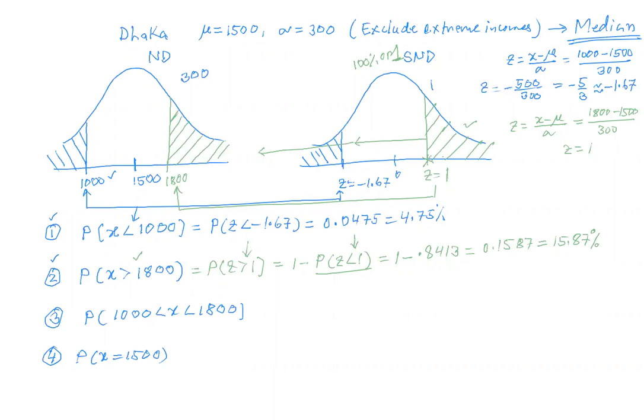The next is this one. Probability that someone makes between 1,000 and 1,800. So this time I actually want this middle region, which is equivalent to this region.